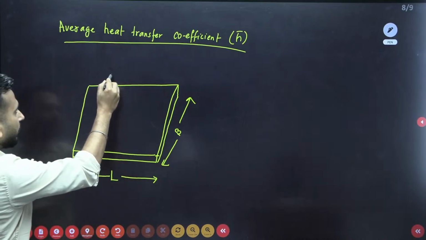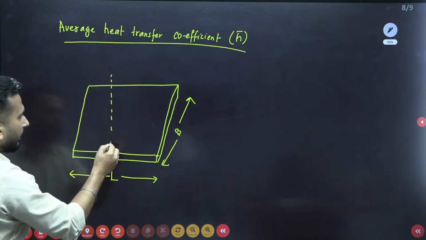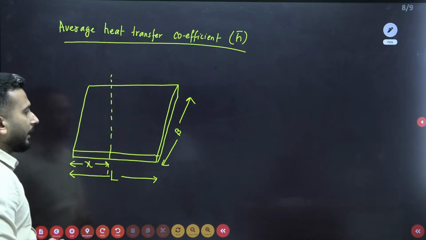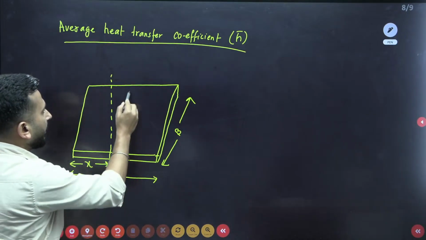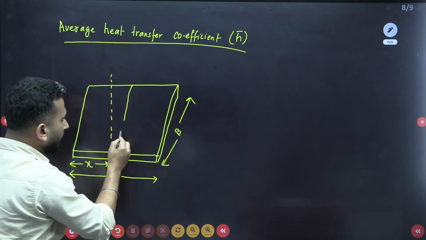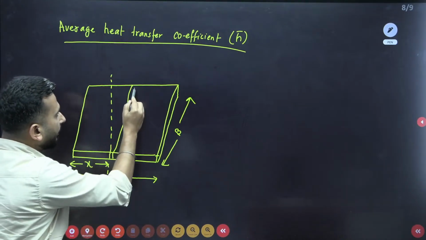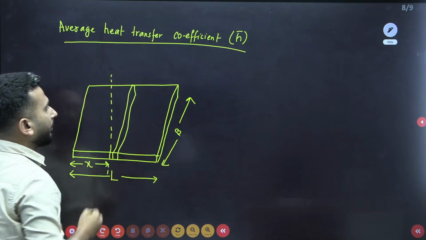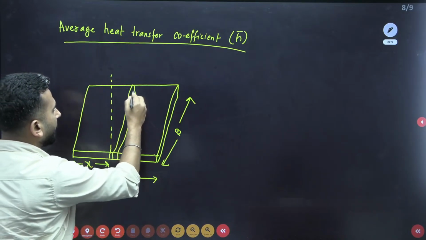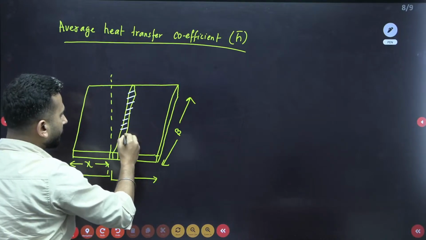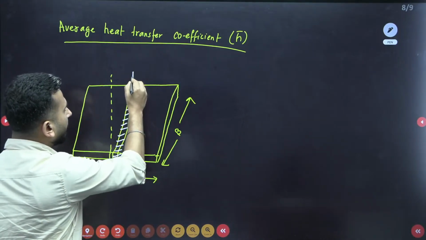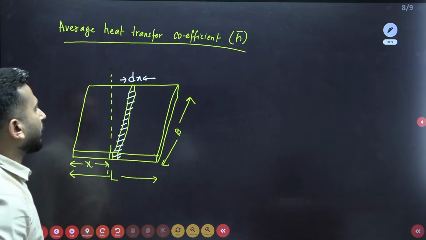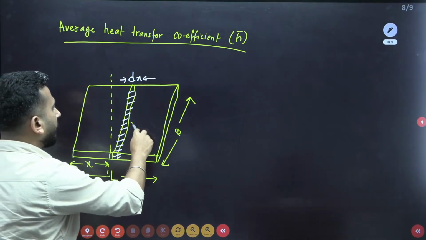let us say this is your x value, at any x we are trying to analyze. So it is changing. So when anything changes, I will assume a strip of dx length, and the width is b.